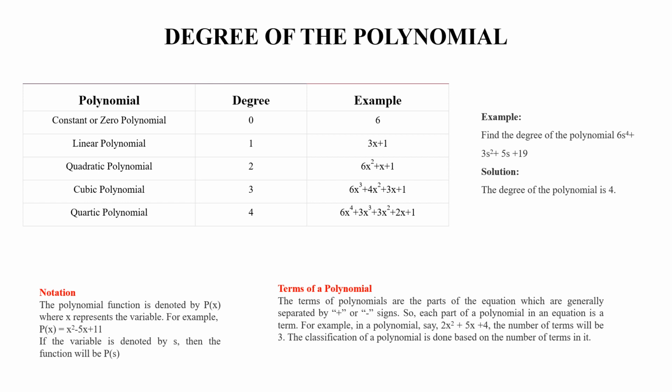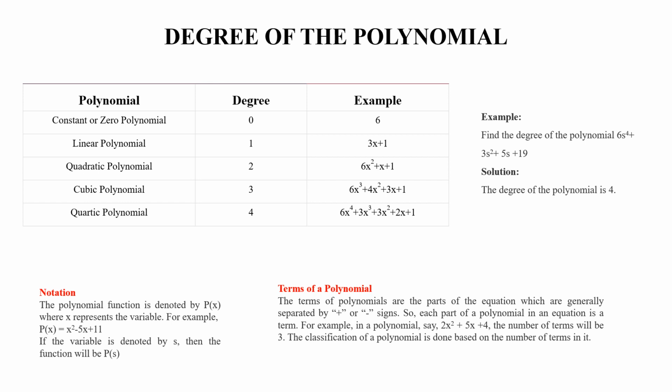How many terms are there? 3 is the number of terms, and the classification of the polynomial is done based on the number of terms. So we can classify what type of polynomial it is. It is a polynomial with degree 2, so it is a quadratic polynomial.